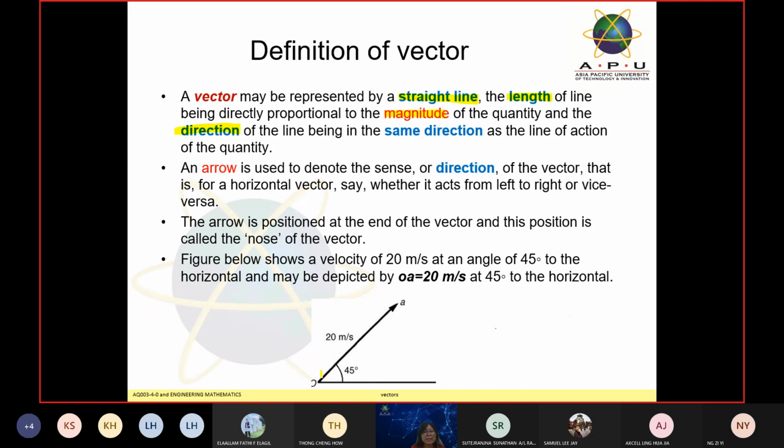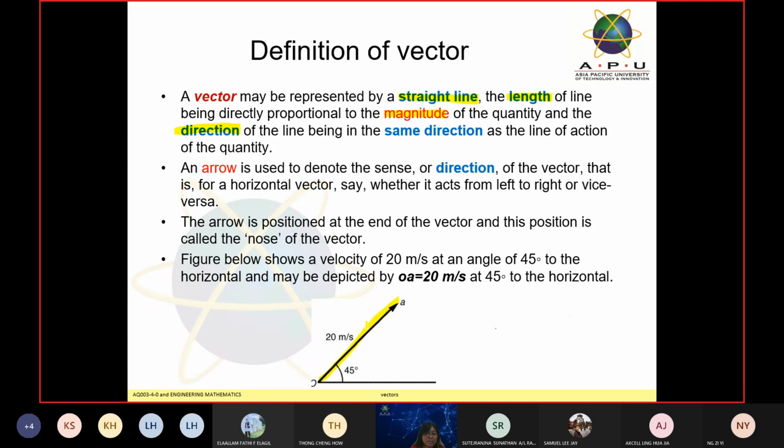We always represent the vector as a line, like what you can see right here. The magnitude refers to the length of the line, which is proportionate to the magnitude of the quantity.